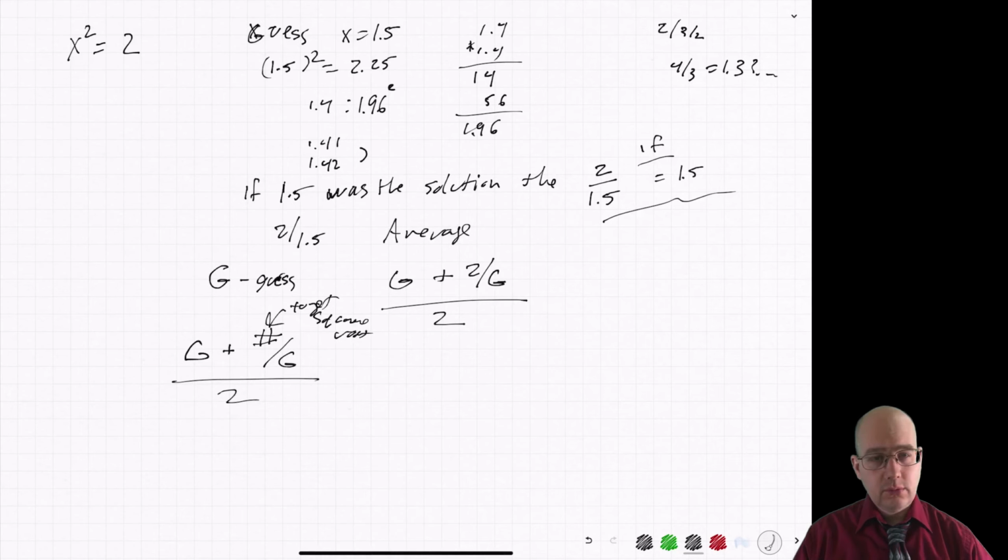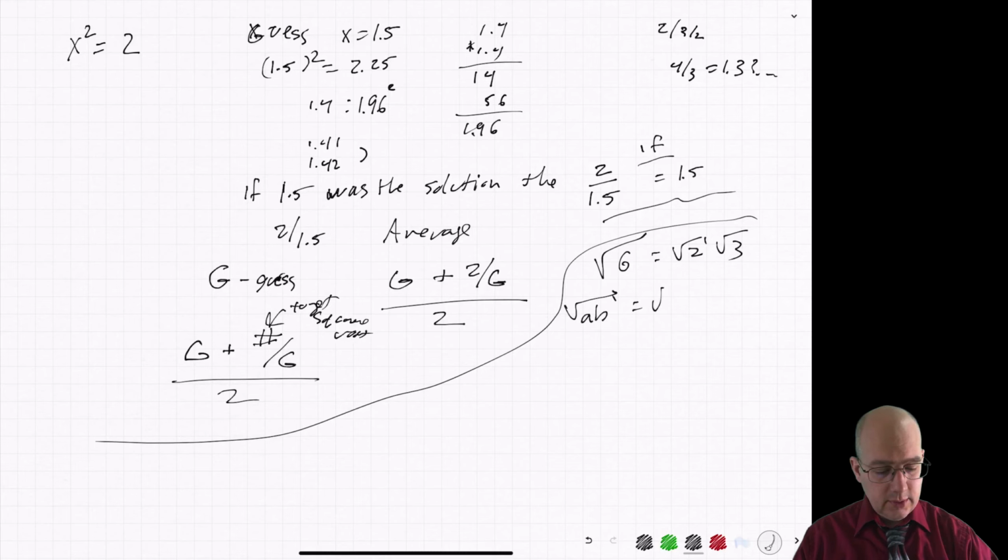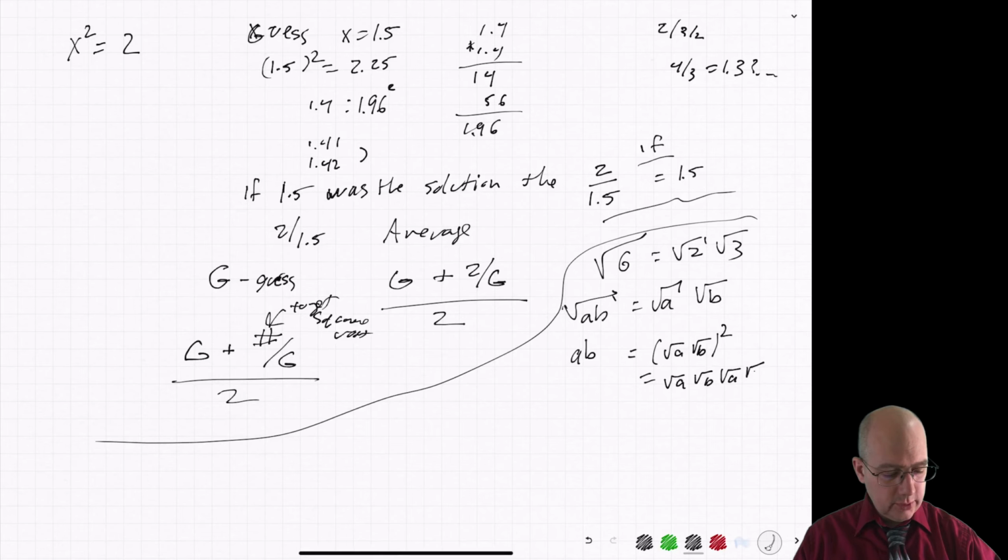I guess I should also mention some properties of them. Square root of, say, 6 is equal to the square root of 2 times the square root of 3. That is, the square root of AB is the square root of A times the square root of B. Basically, because when you square them, you get the same thing, right?